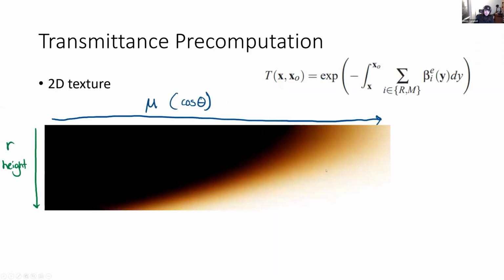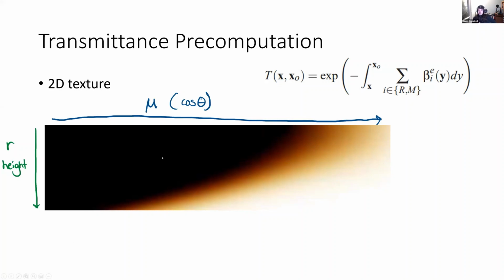So if you go through every value R, every altitude between sea level and the top of the atmosphere, and at each of those points for every angle up and down, you can build up this texture. There's a lot of detail in the paper on how you store this because it's not just a direct mapping where the x-axis is mu.